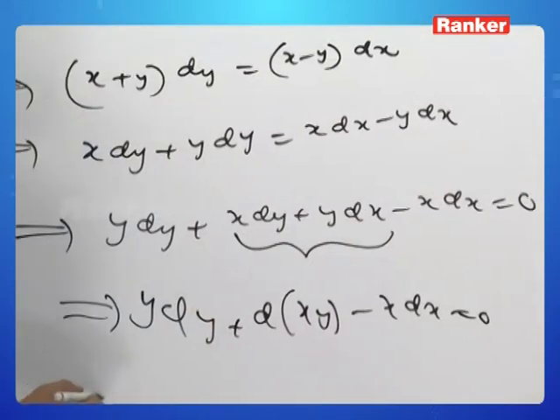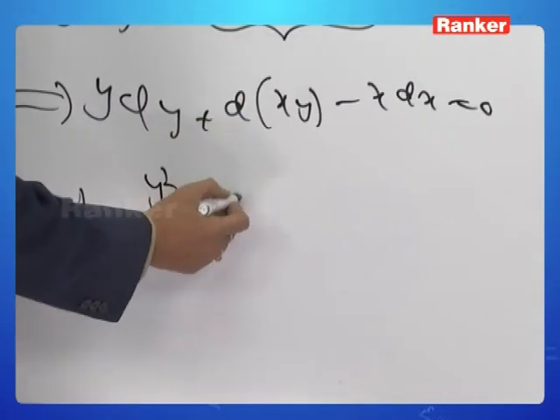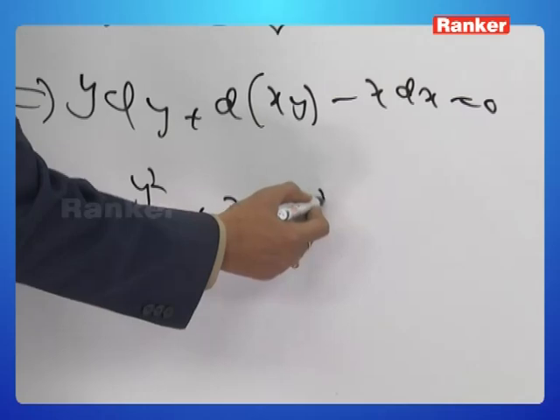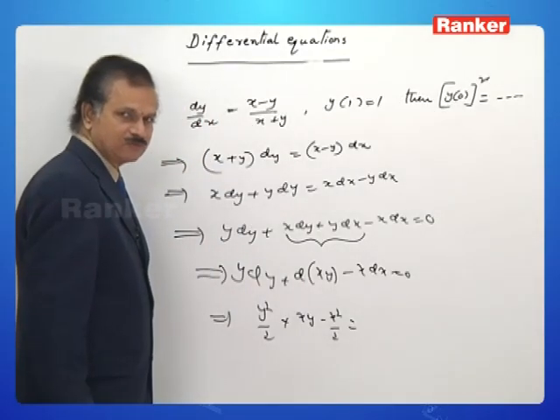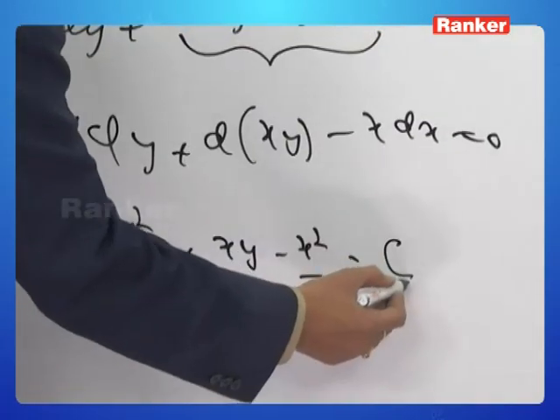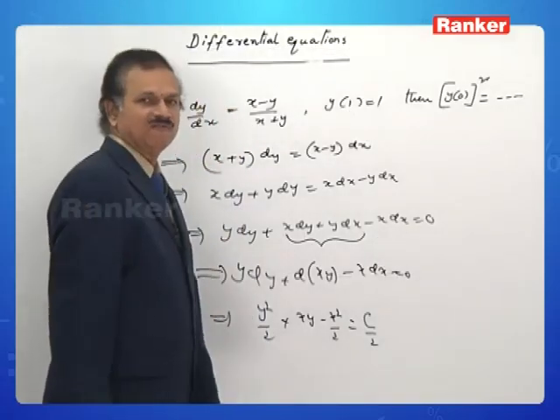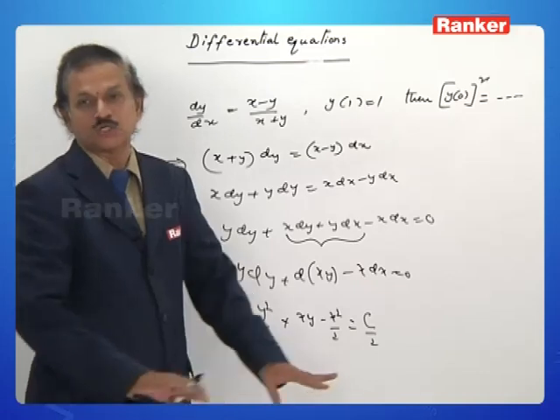What is the integral of y? y square by 2 plus xy minus x square by 2 is equal to a constant on the right hand side, and I like to take the constant as c by 2 instead of c. Why? Because at so many places in the left hand side we are observing by 2.